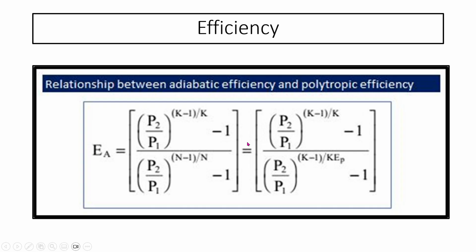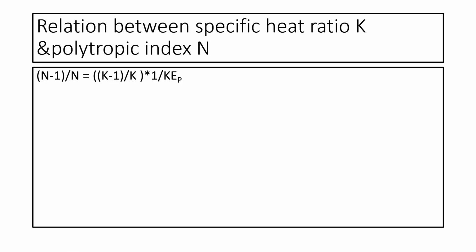Now the isentropic efficiency Ea is equal to (P2 by P1) to the power (k minus 1) by k, minus 1, divided by (P2 by P1) to the power (n minus 1) by n, minus 1, and (n minus 1) by n is equal to, as previously seen, (k minus 1) by k times 1 by Ep.